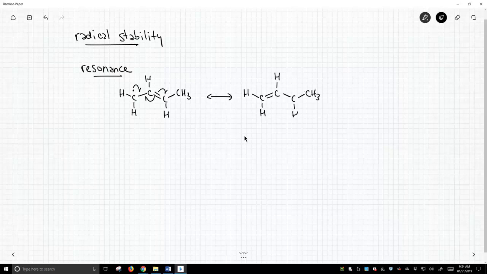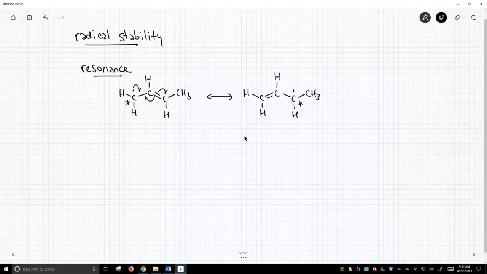And so the radical that we showed on the left will be stabilized by the presence of another resonance form. Now, you're not delocalizing charge, but you're still certainly delocalizing electron density, and you're allowing the unstable, non-full octet nature of the radical to be shared between two different carbon atoms within the same molecule.